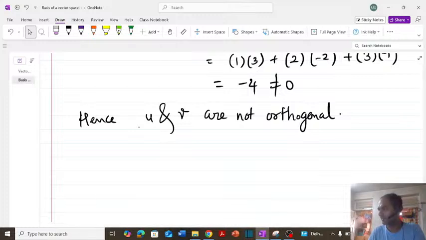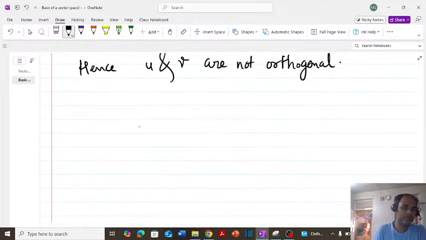Okay, yeah, now how to calculate the angle between the two vectors. Write down here.